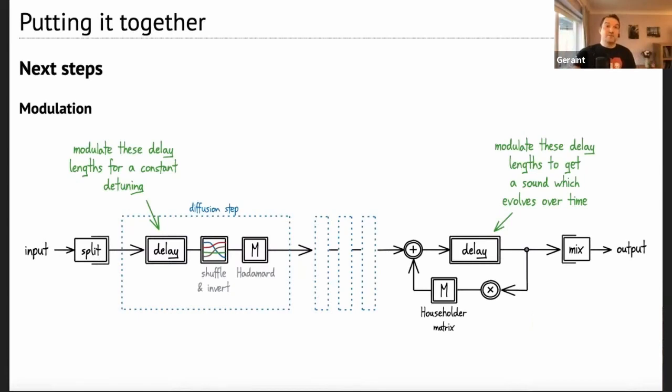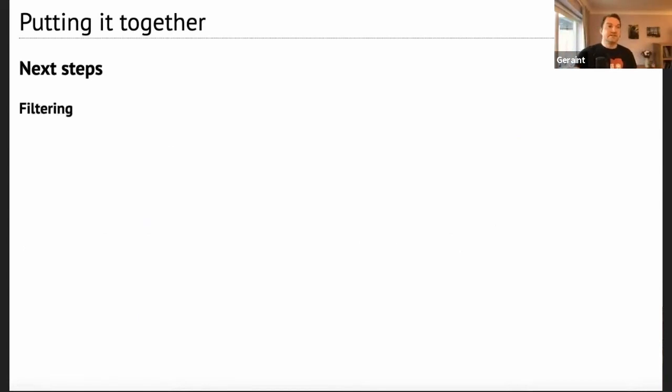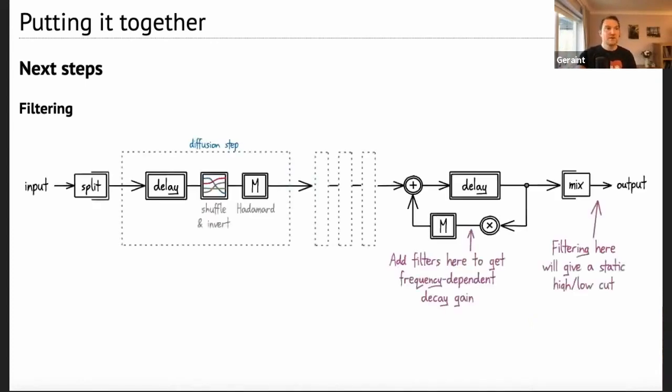And one more thing which happens a lot in real spaces is high frequencies die away faster. Just most surfaces absorb high frequencies more. We can achieve this in a feedback-based reverb by putting filters in the feedback loop. So the gain here in the feedback loop is what determines how long the decay of the reverb lasts.